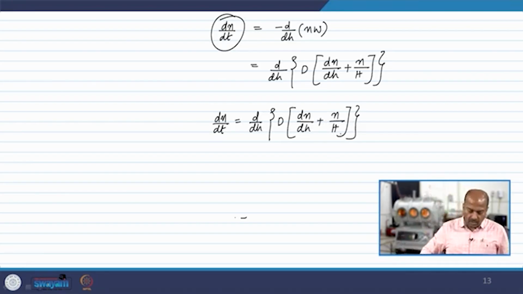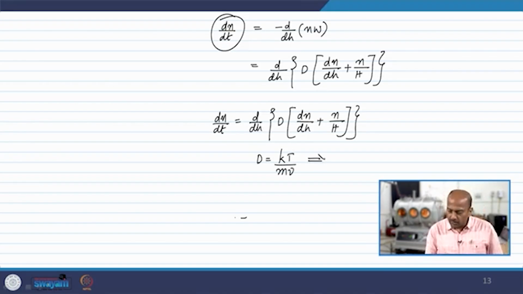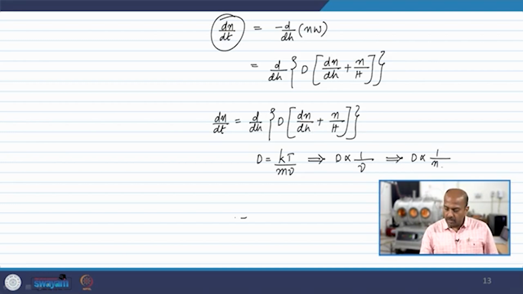Now, D is the diffusion coefficient, kT by mu, which implies D is proportional to 1 by nu at a constant temperature. The collisional frequency will obviously depend on the number of particles, so it will be N j, the number of major species with which the particles are colliding.